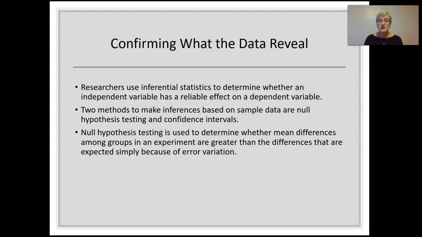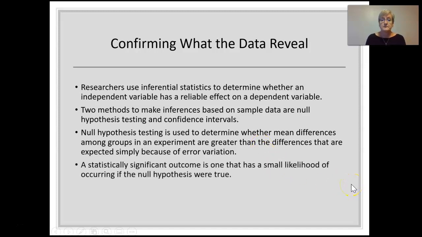just by random chance. So we want to test whether or not the difference we actually observe is significantly larger than what would have occurred by chance, based on a number of criteria. An outcome that's described as statistically significant is one that has a small likelihood of occurring if the null hypothesis is true, and what null hypothesis means is no effect.